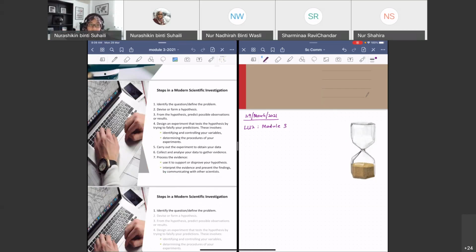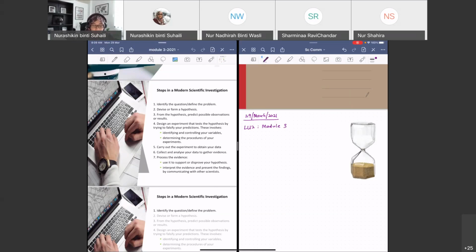When we talk about modern, because science is not a new thing. People decades or centuries ago practiced science, but perhaps some of them did it without proper documentation. That's why in modern scientific investigation, the scientists define the steps and outline what needs to be taken into consideration.